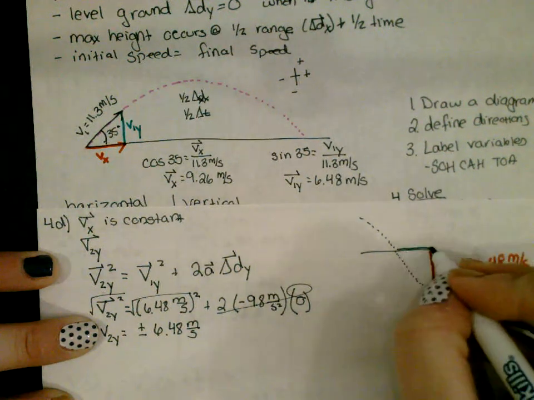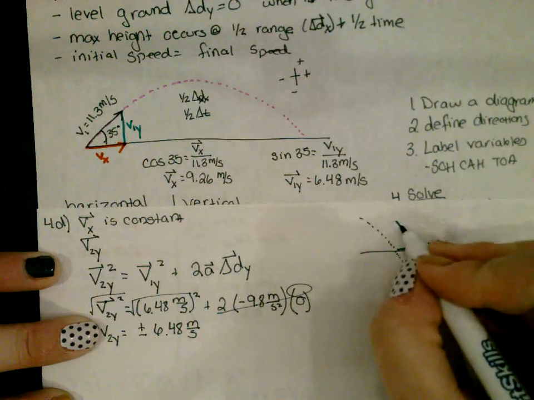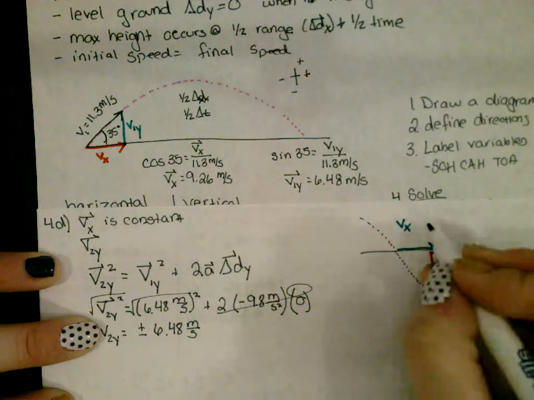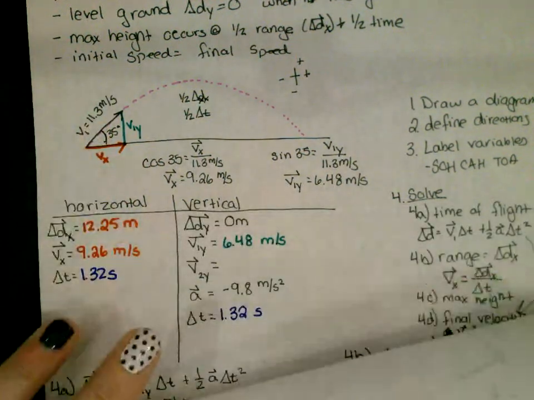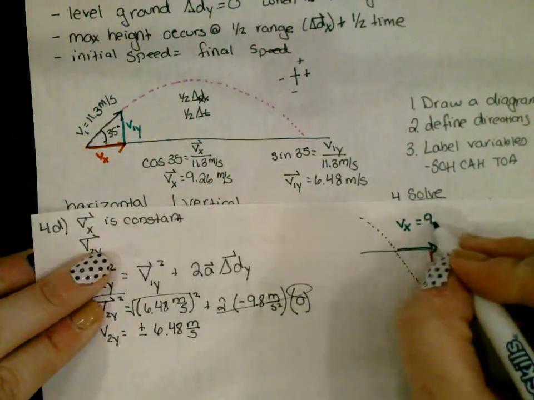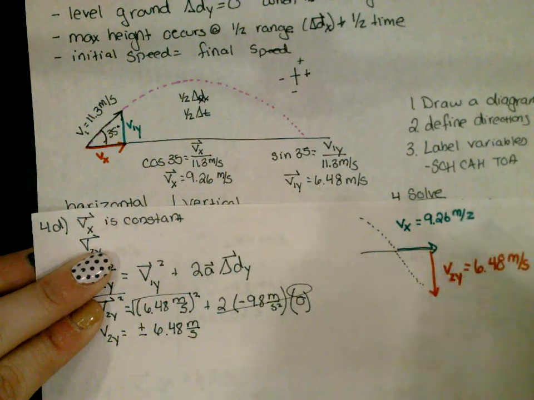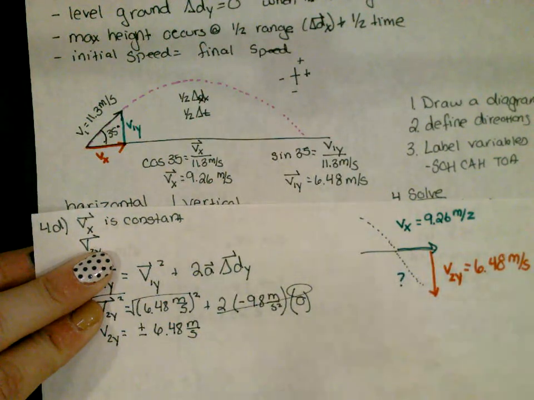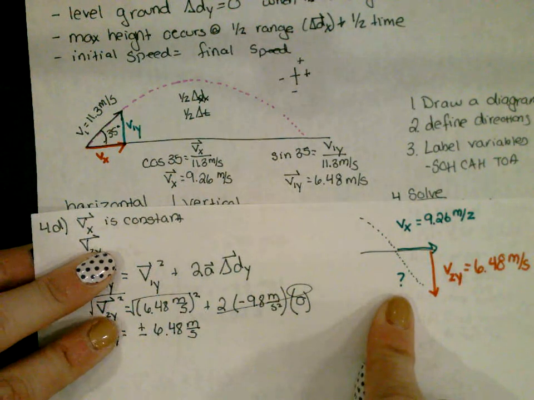My x never changes. So my velocity at x is equal to what it's been. My horizontal velocity is never going to change. So it's going to be 9.26 meters per second. So I need to solve for what this is. This would be my final velocity.